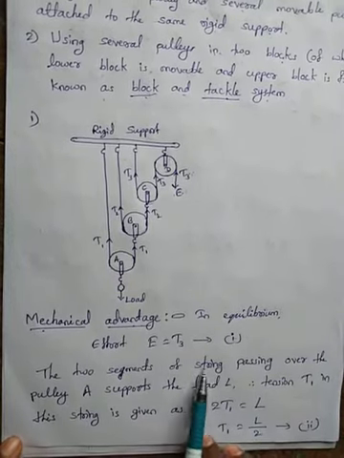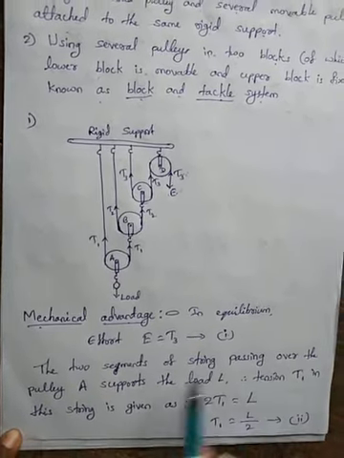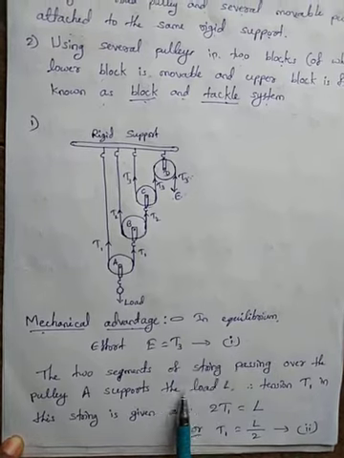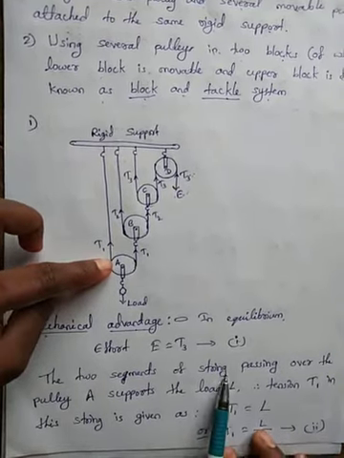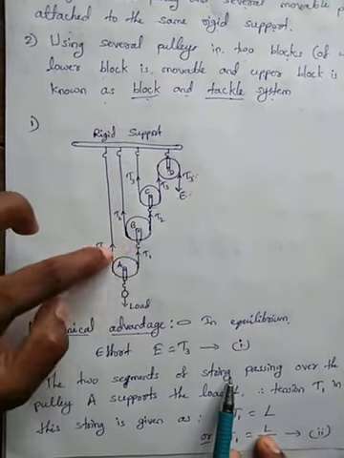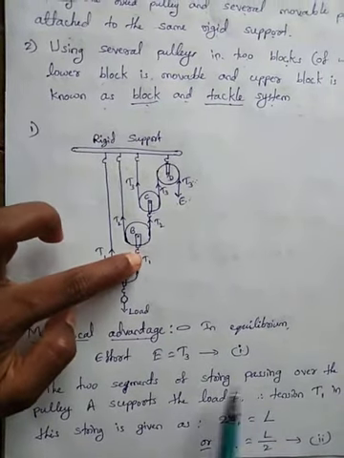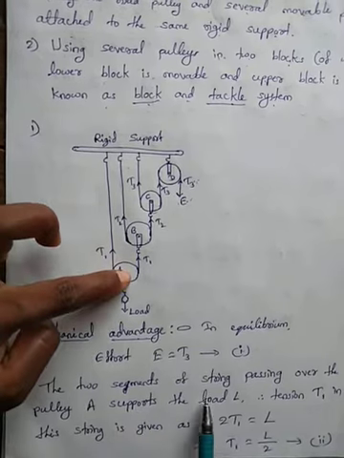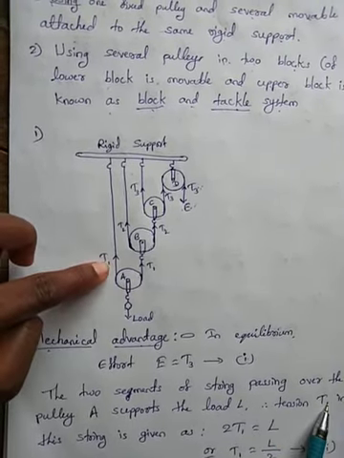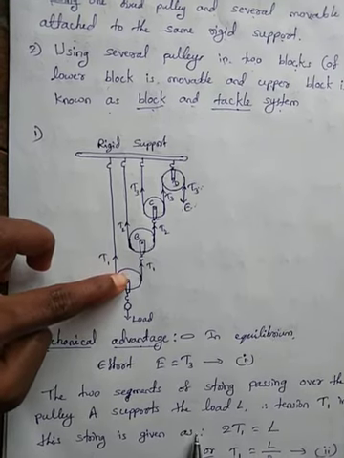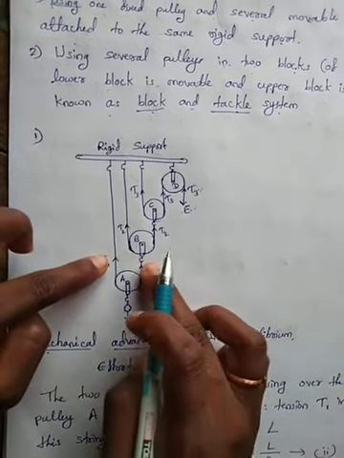The two segments of string passing over the pulley A support the load L. The two segments of the string, T1 and T2, over pulley A support the load L. Therefore, tension T1 in this string is given as 2T1 is equal to L.